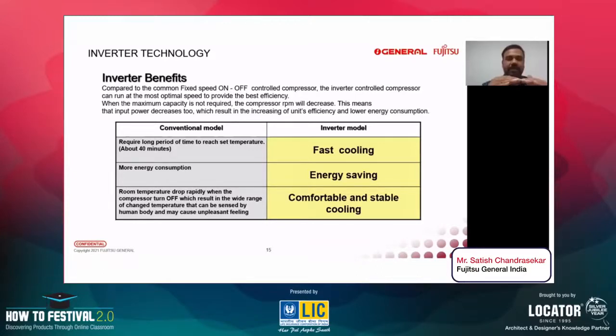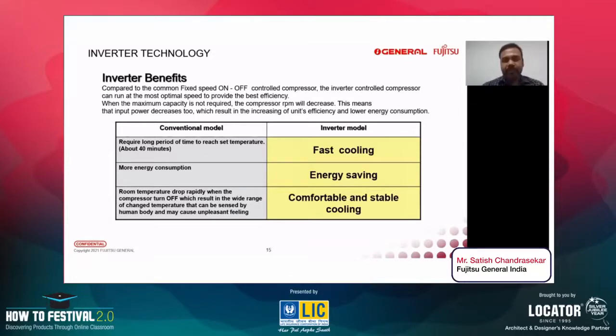Now what inverter technology has done is that initially when you switch on the air conditioner, it cools very fast, almost 50% faster than a conventional air conditioner, which means that you will achieve the set temperature in much quicker time. And once that set temperature is reached, it will not cut off immediately.